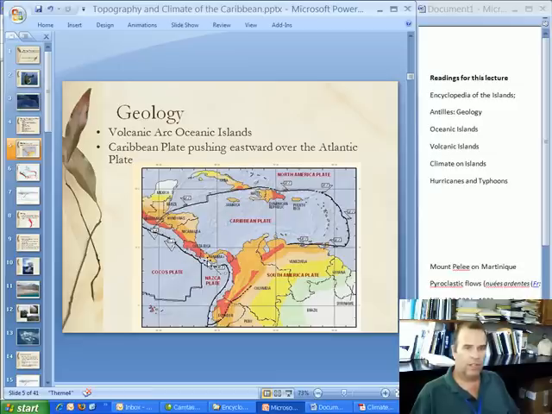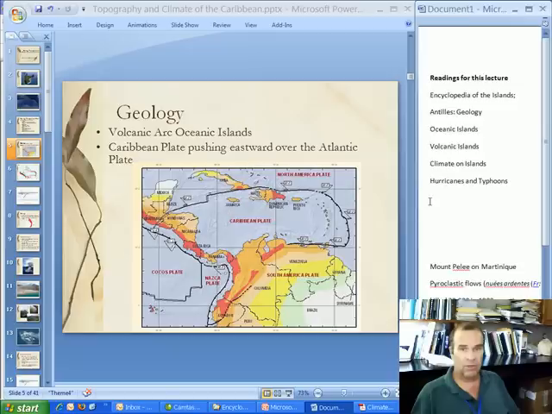And on the western side of the Caribbean plate, we have another subduction zone. This zone where the one plate goes underneath the other is called a subduction zone. Subduction zone.